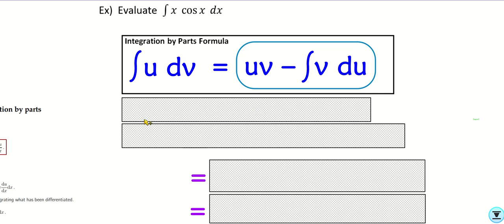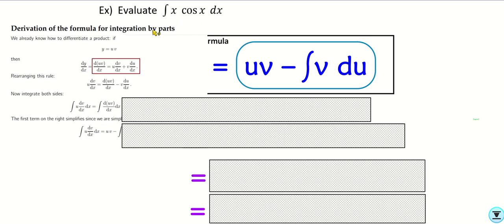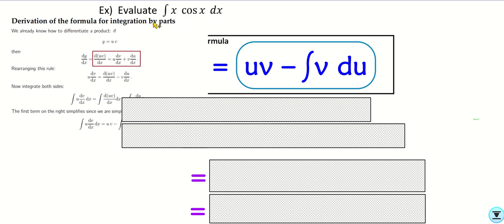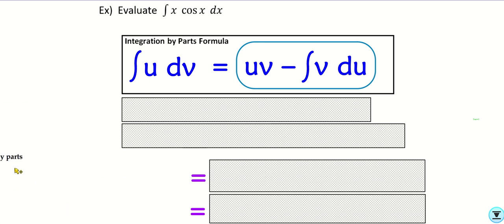So we have an integration by parts formula. Let's see what this is right here. There is a deeper dive into maybe why it works, but we don't really need to go into that in this video. Whenever you have, so this right here would be your original problem.